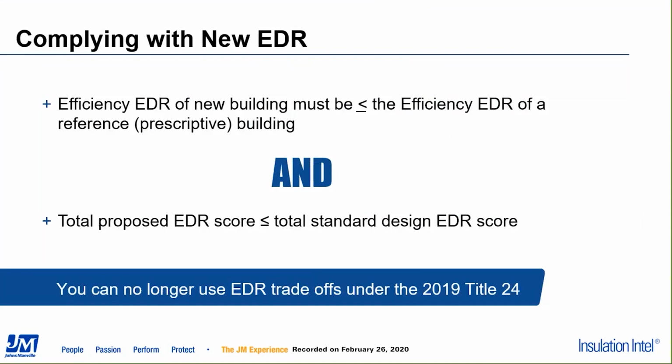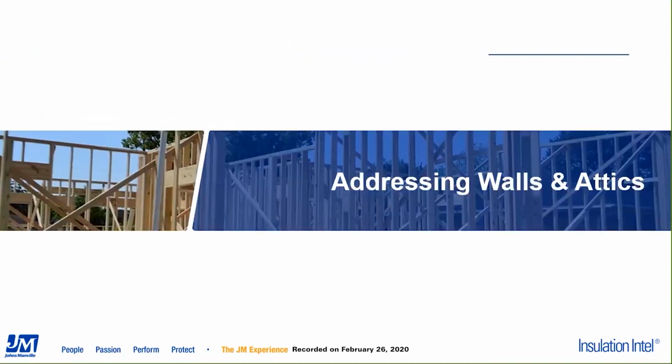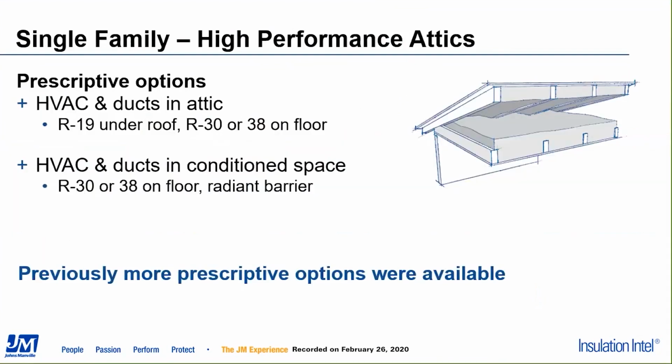And what that's basically doing on the renewable side is it's assuming that you're going to install solar or batteries, or some combination of that, enough to offset the total annual electric use or electric demand of the home. So we're going to move on and talk about walls and attics.